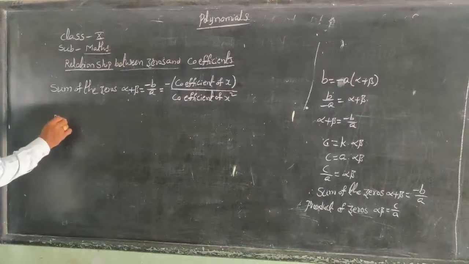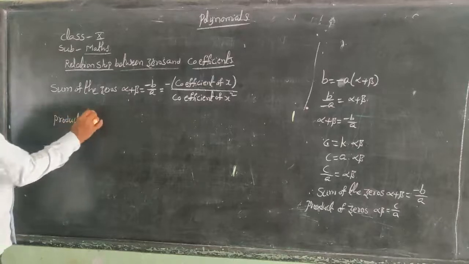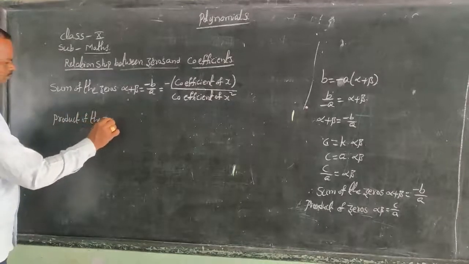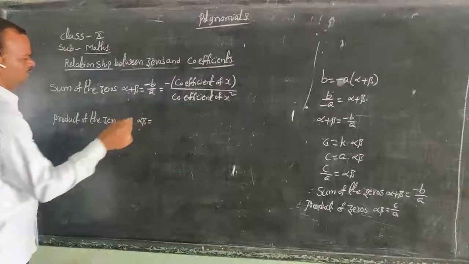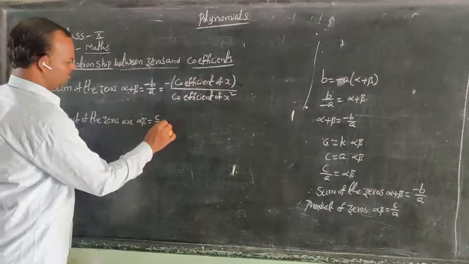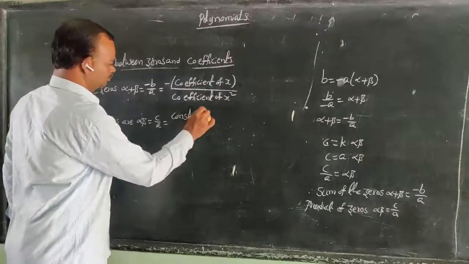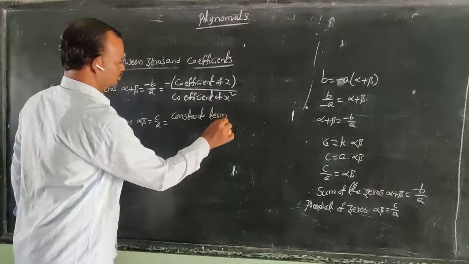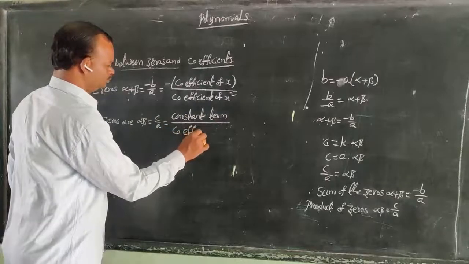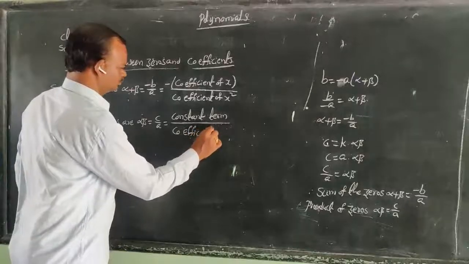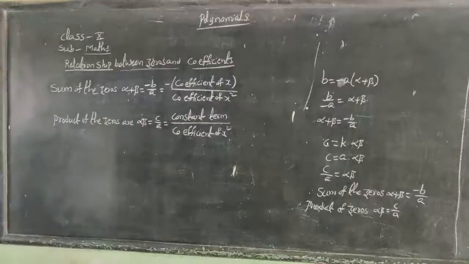And the next, the product of zeros alpha beta is equal to c by a, where c means the constant term, by the coefficient of x square.